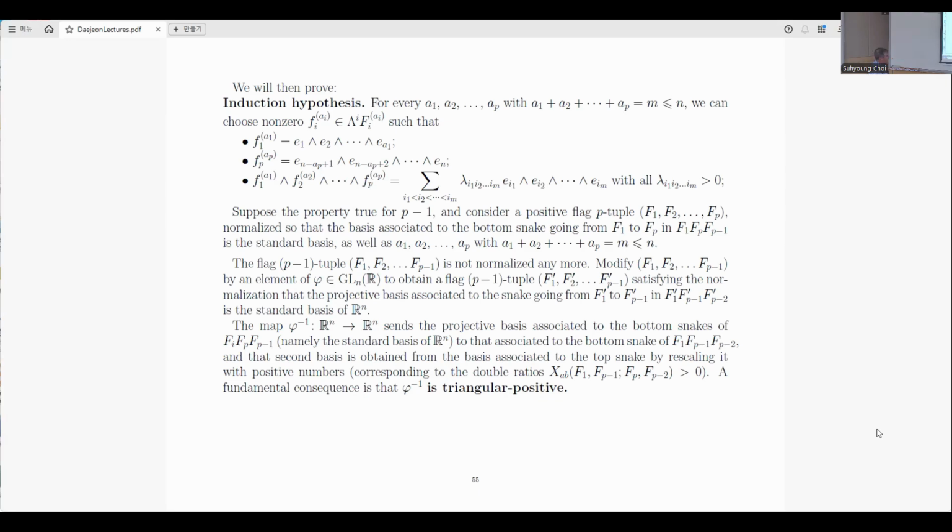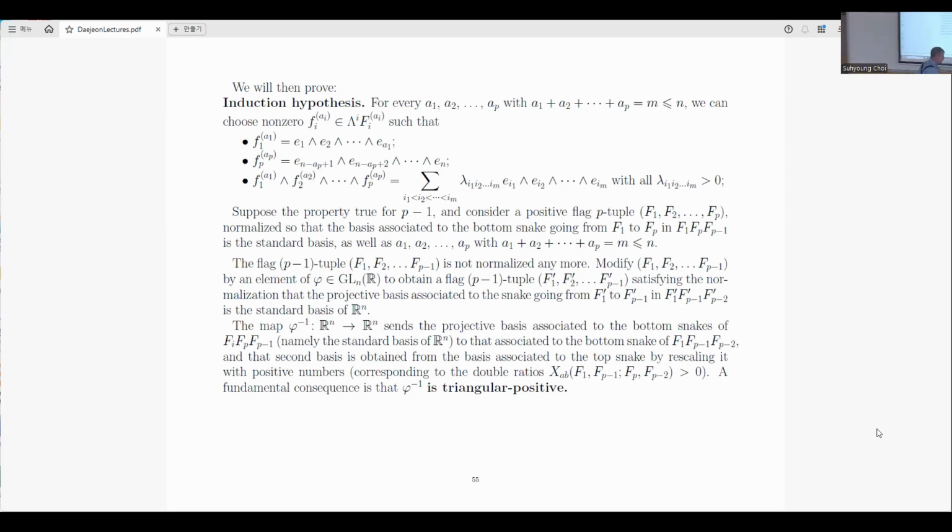So we start and we assume that the property is true up to p minus 1, and we consider a family of p flags like this. But now because we do the induction, we consider the first p minus 1 flags, and that one is not normalized anymore.